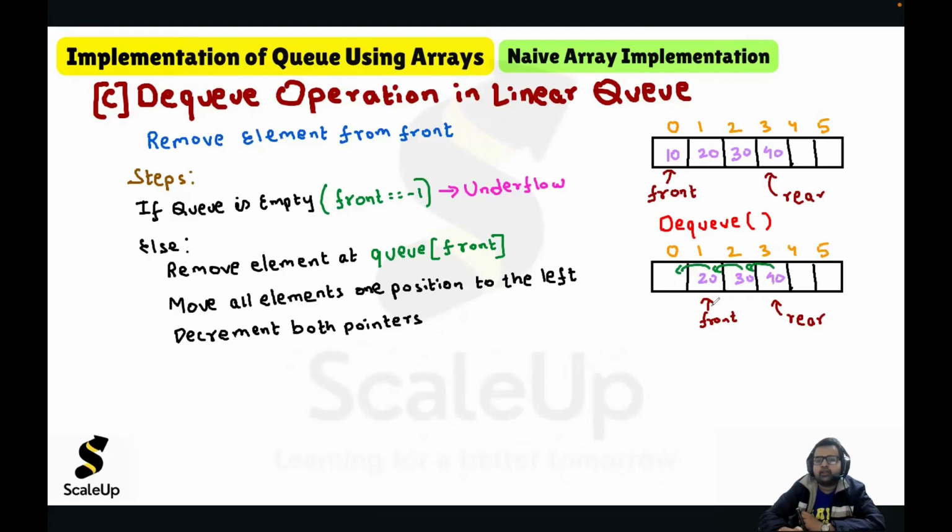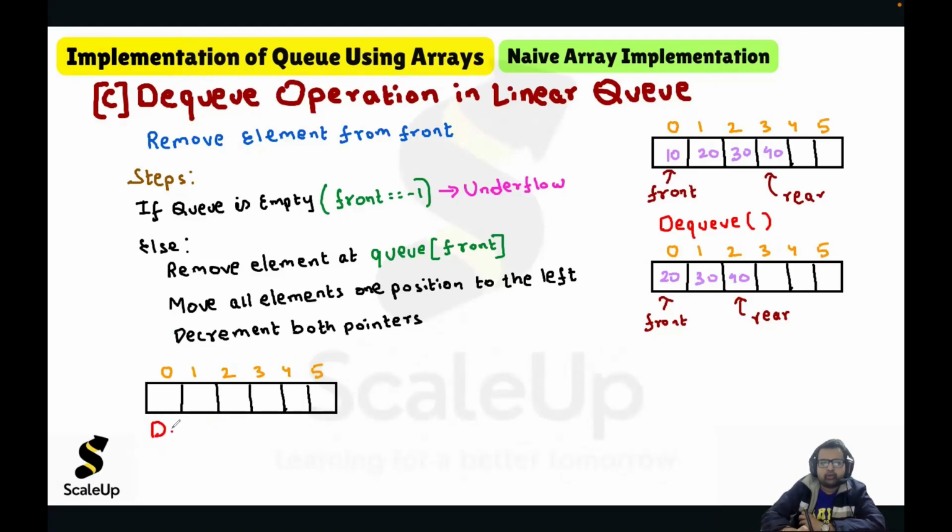And after shifting, you have to decrement both the pointers. So 20, 30, 40, because elements will be shifted one position left. This will be the front and rear will also get decremented. Because earlier rear was index 3, now rear will be index 2. So this is the DQ operation.